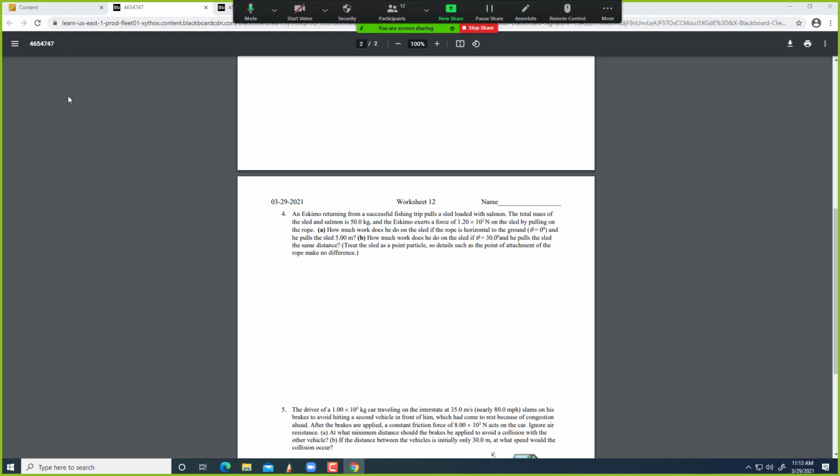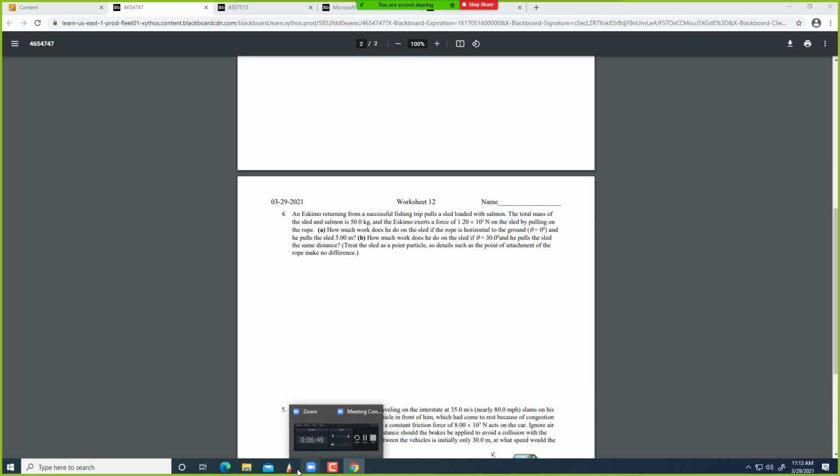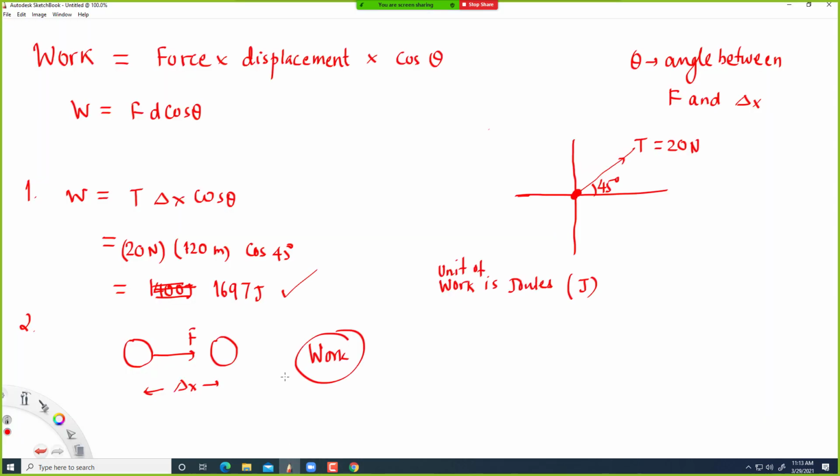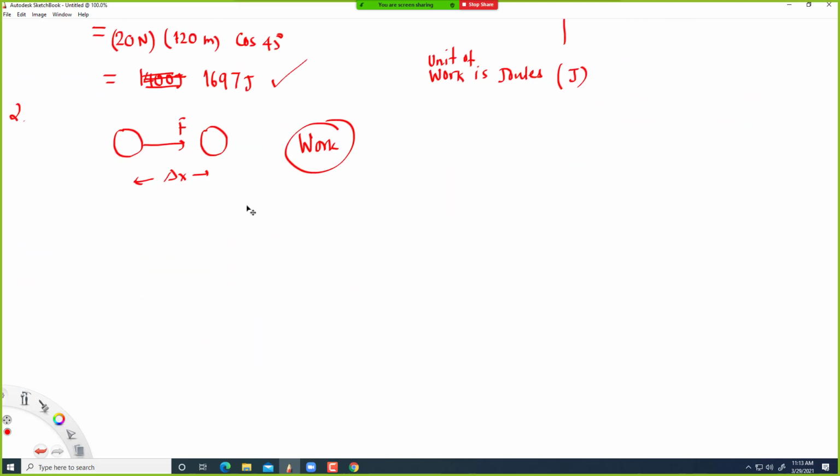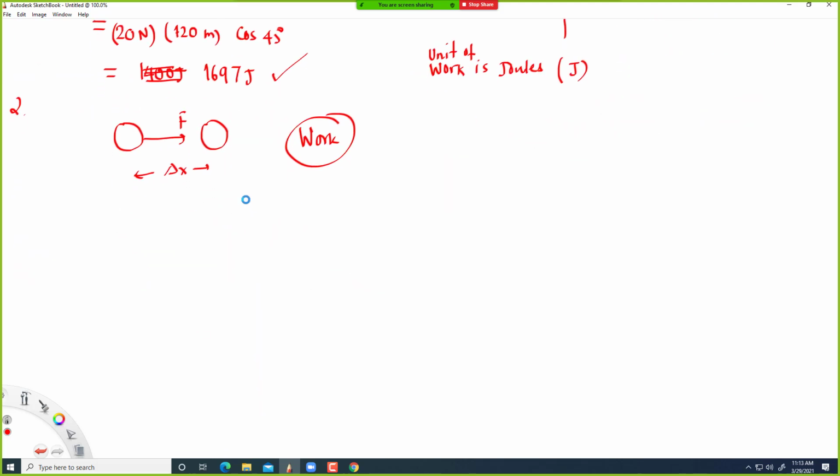Okay, so let's now talk about the work energy theorem. Let's consider the example that I just explained. Work done is F delta x cosine theta, and for this particular case, let's consider that force and displacement are in the same direction.